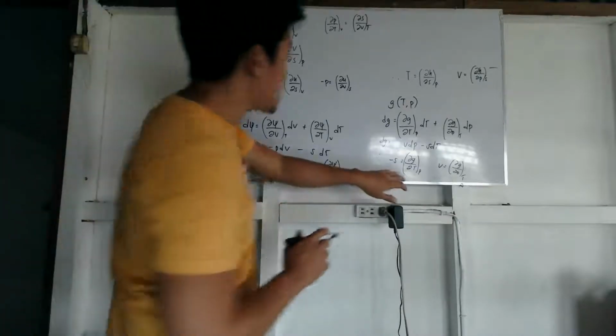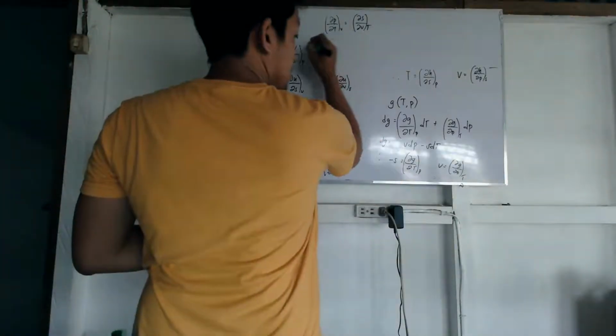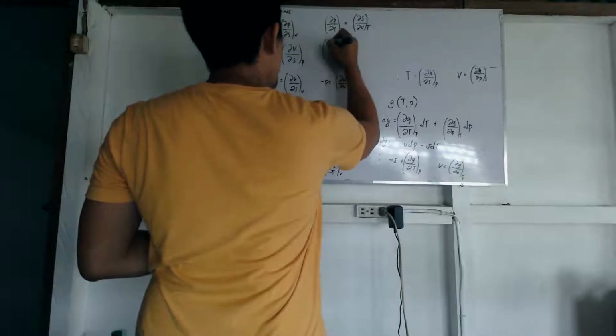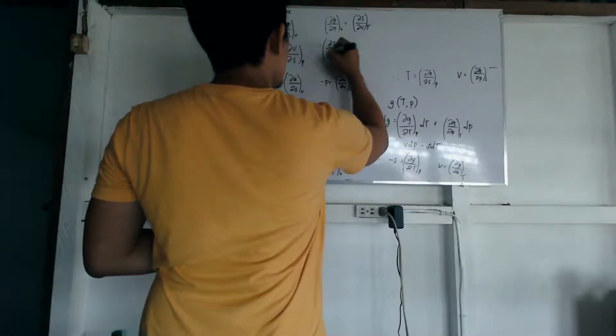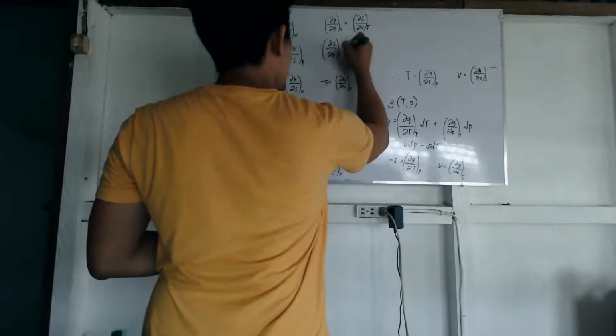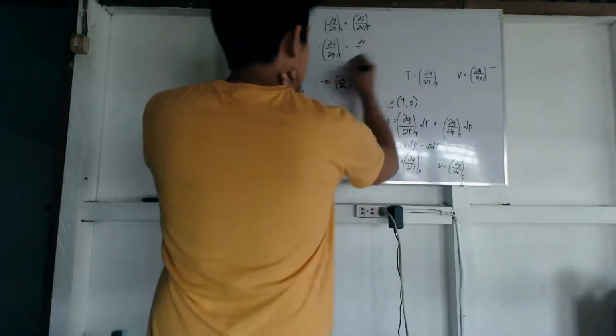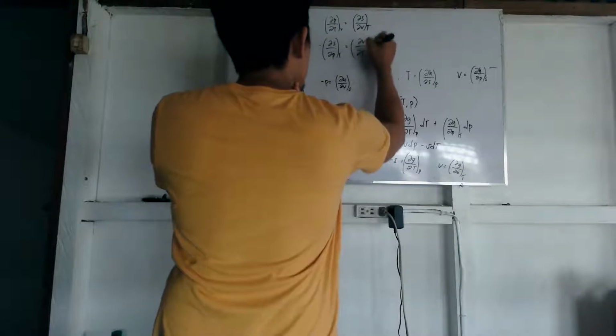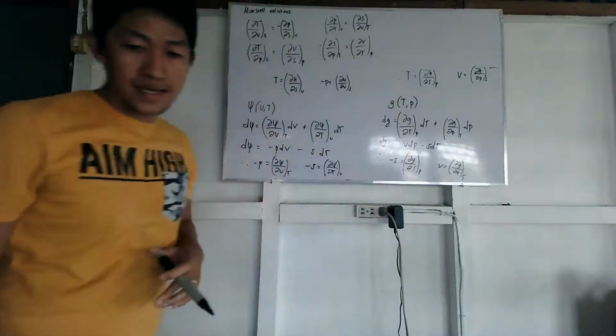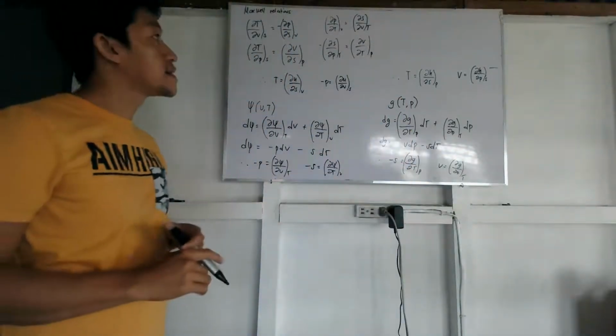And then lastly, negative partial of S with respect to P is equal to partial of V with respect to T. Okay? So that's it.